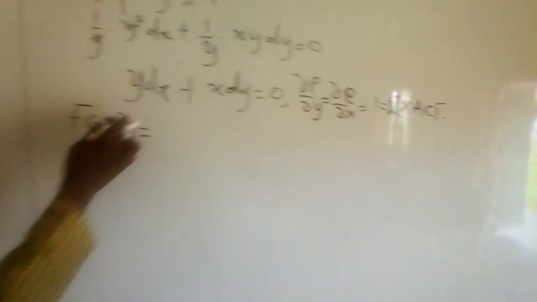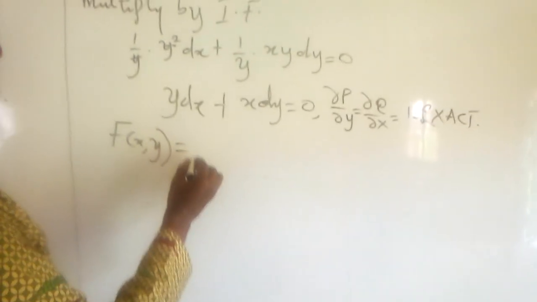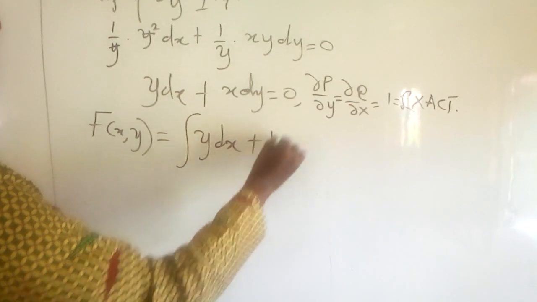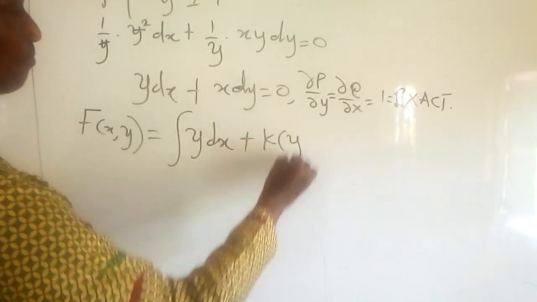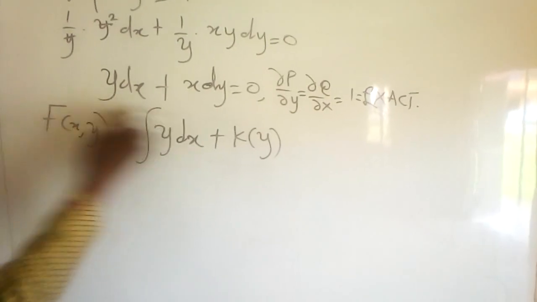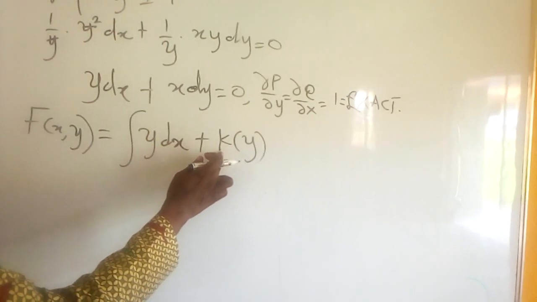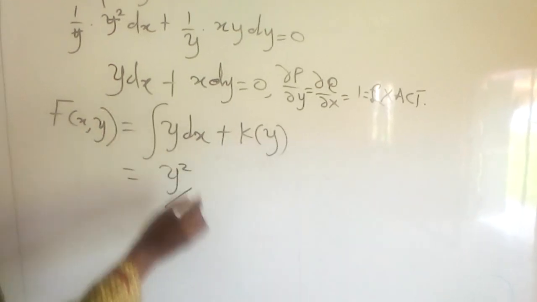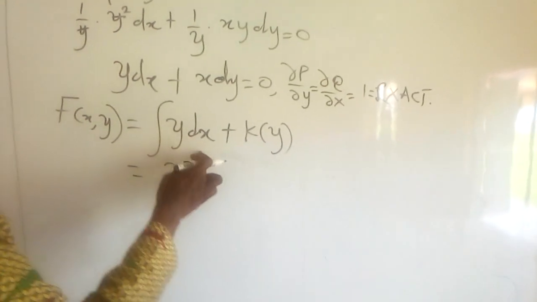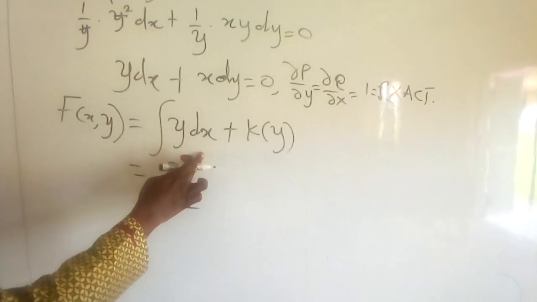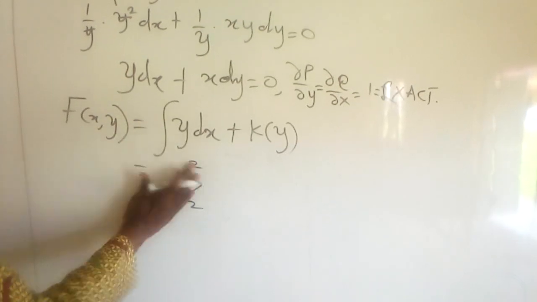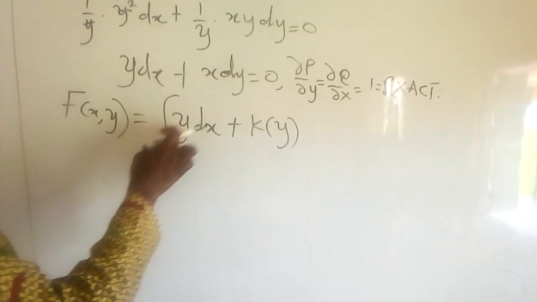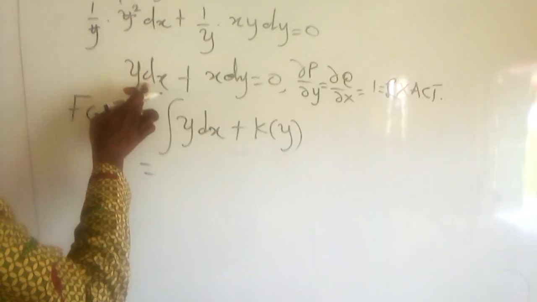So you now solve this exact equation normally, which will now be integral y dx plus k as a function of y. We pick this integrated with a function k with respect to y. But now this expression is with respect to a function of x.